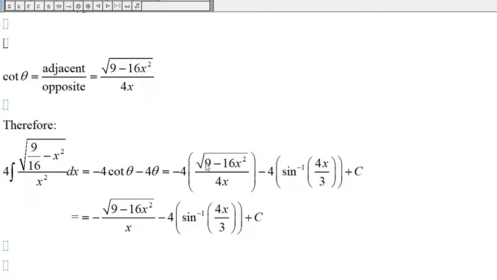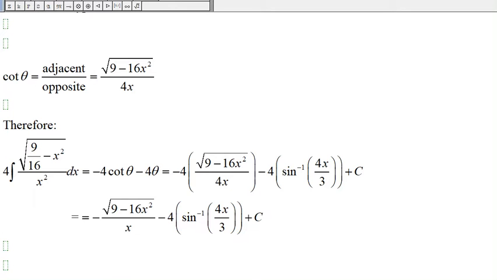So in the place of cotangent of theta, we have the square root of 9 minus 16x squared divided by 4x. In the place of theta, we have sine inverse of 4x divided by 3. 4 divided by 4 is 1.